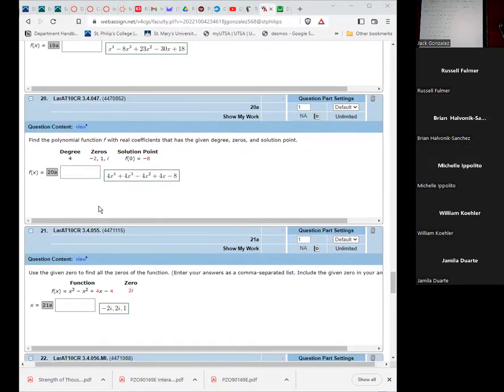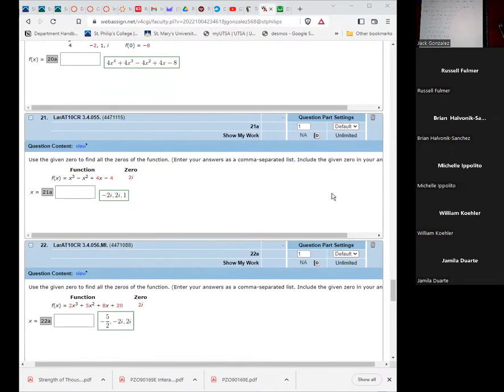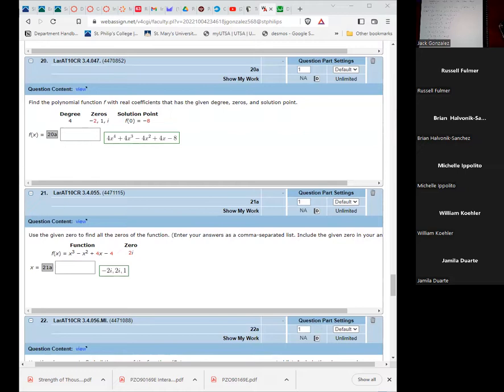Let's see here. So in this one, it's the same thing, except you have to solve for a. Degree 4, meaning it's a 4th power function with these zeros.